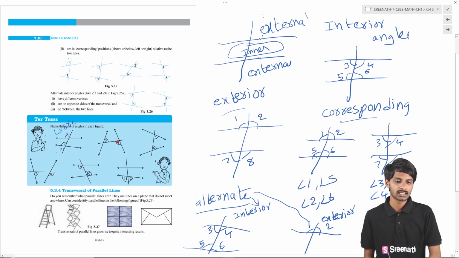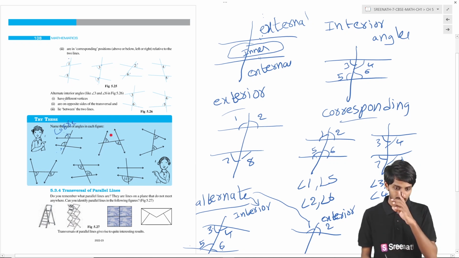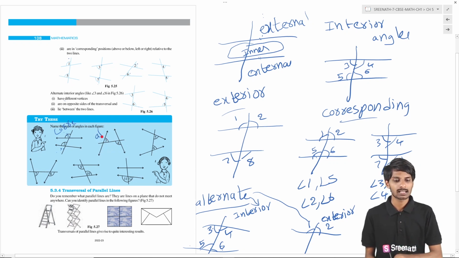If you see here, both are interior angles and both are in alternate positions, so alternate interior angles. In this case, these are also interior and on the same side, so we call this the pair of interior angles on the same side of the transversal.